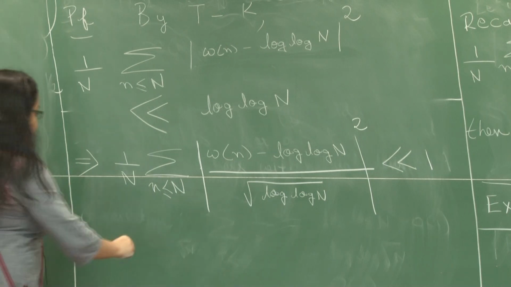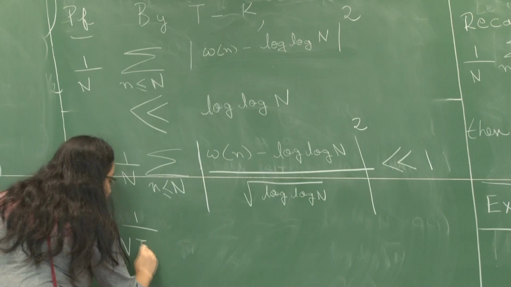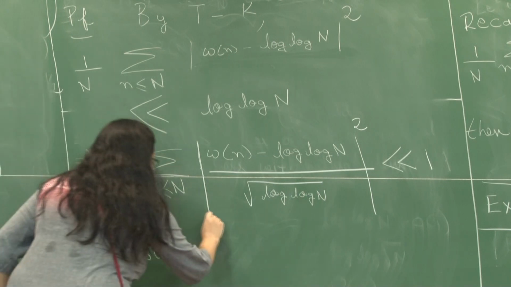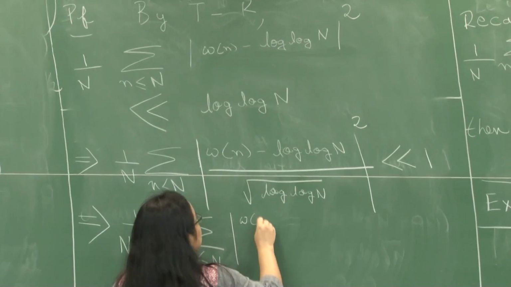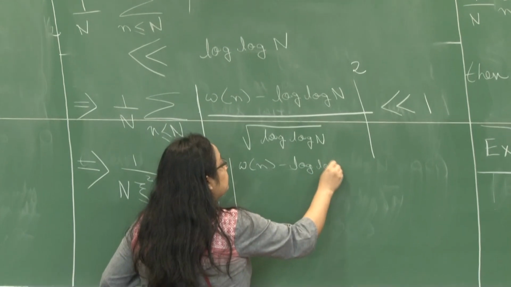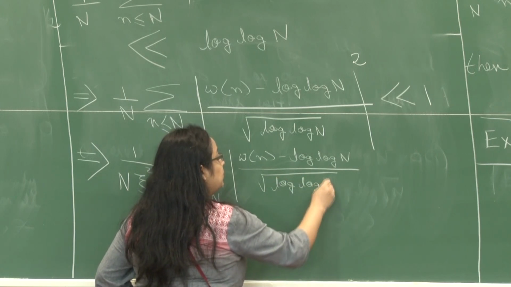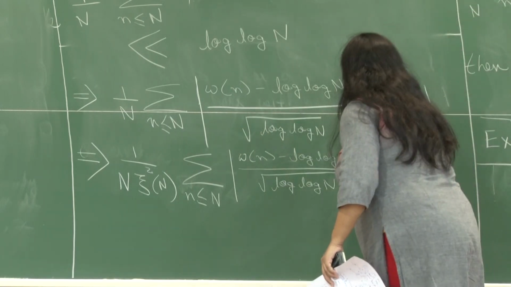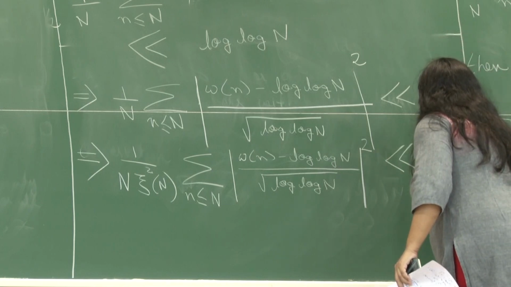So what this means is that, suppose I put 1 over n times xi square of n, I put this in the denominator, because it is also growing quite fast, you will still have (omega of n minus log log n) over square root of log log n, okay, this whole square would be less than 1 over xi square of n.